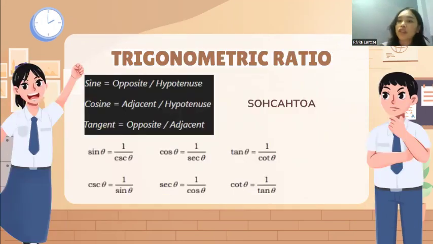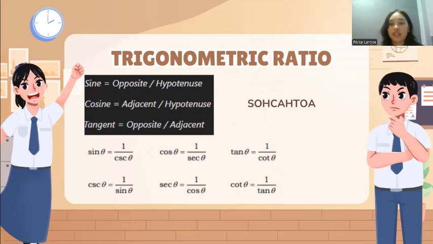Next, we have the trigonometric ratios. Here is the way to remember the three basic trigonometric ratios: SOHCAHTOA. It means sin is opposite over hypotenuse, cos is adjacent over hypotenuse, and tan is opposite over adjacent.